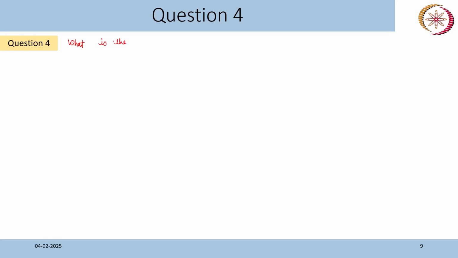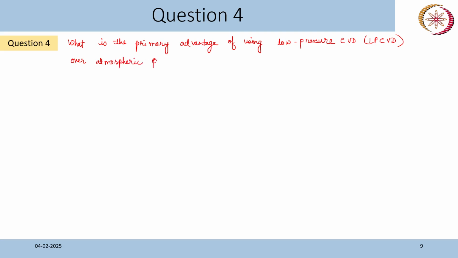What is the primary advantage of using low pressure CVD, which is also known as LPCVD, over atmospheric pressure CVD, APCVD?